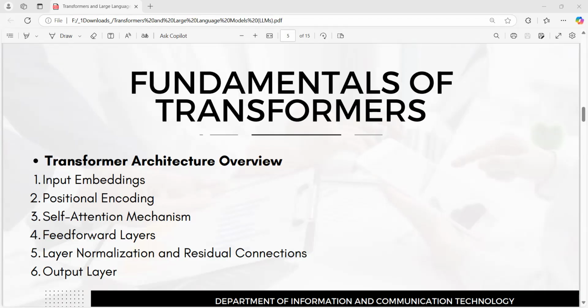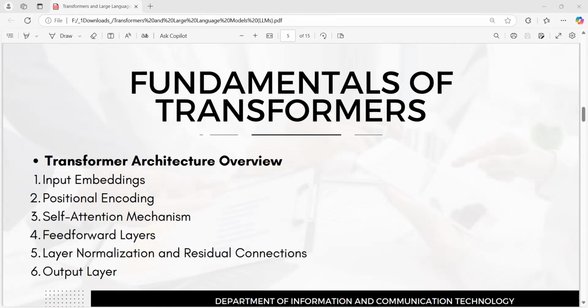The third one is the self attention mechanism, which determines the relationship between words in the sequence. The fourth is the feed forward layers, which process the attention outputs. The fifth one is layer normalization and residual connections, which help stabilize the training process. And the last one is the output layer, which generates the final prediction.